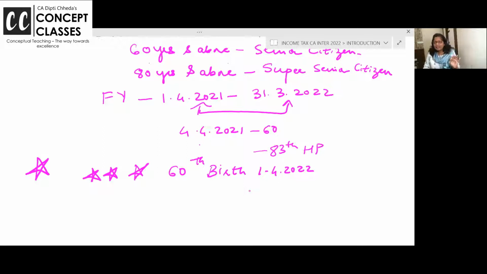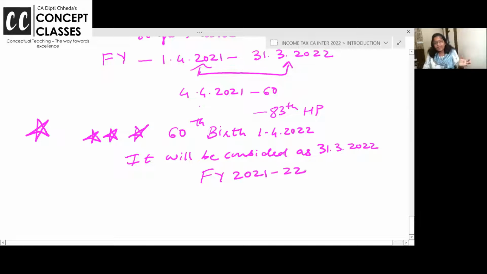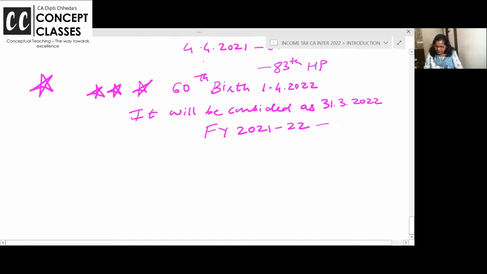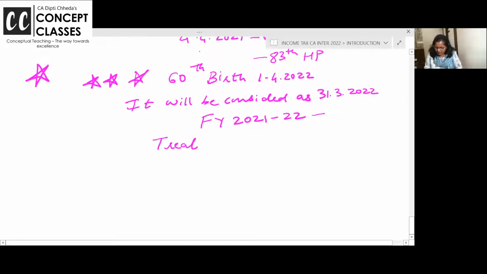Then, Income Tax Act clearly says, if you are 60 or your 80th birthday is on 1st April 2021, it will be considered as 31st March 2022, and for financial year 21-22 only, you will be treated as senior citizen. Excuse me, sorry, please for this echo, and this is a cold a little, so voice is coming like this. Take your time, write it.